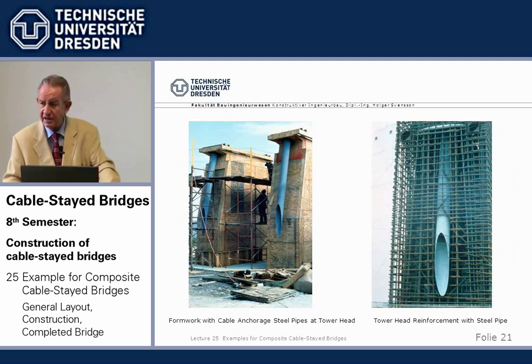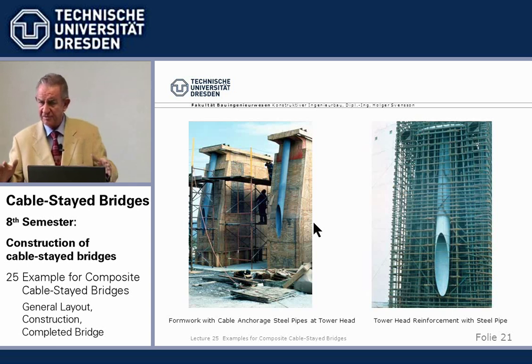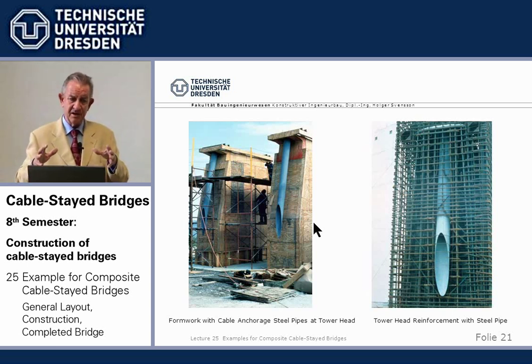And here we see how the casting of this tower head, which is also a little bit involved, was done. We always insist on preparing all the forms with the critical geometry of the steel pipes on ground. And we see it here.